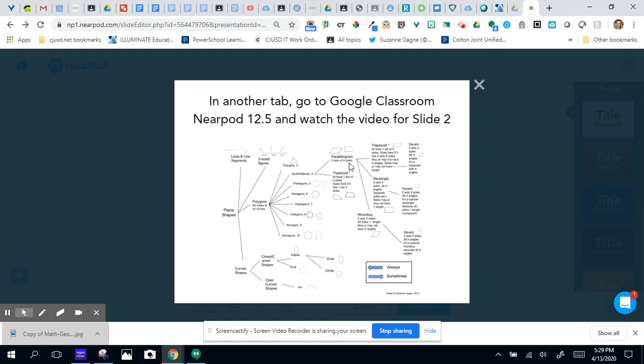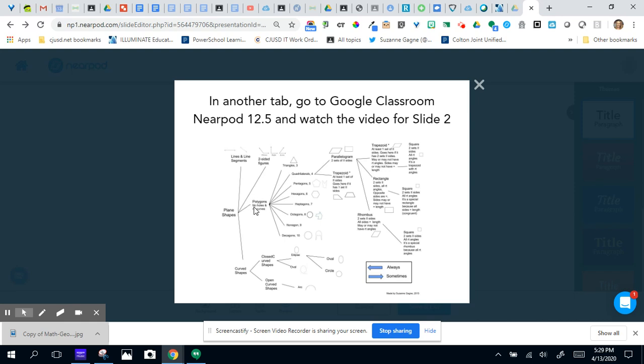A rectangle is always a parallelogram. Yes, it is a type of parallelogram. And a parallelogram is always a quadrilateral. It is a specific type of quadrilateral. And a quadrilateral is a type of polygon, and a polygon is a type of plane shape. So you can see going backwards is always true. Going forwards is not necessarily true.